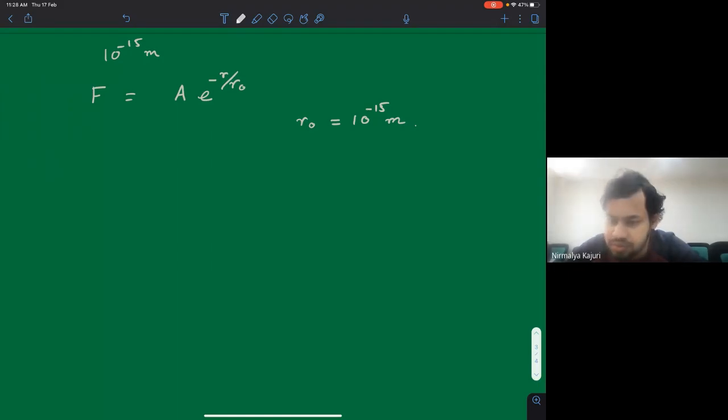When we talk about strong and weak nuclear forces, we have to describe them using quantum field theories, and the concept of force does not exist there. Nevertheless, this is a good description for certain distance ranges. It says that the force falls off as e to the power minus r by r naught. So this is the strong nuclear force. Compare it with electrostatic repulsion, which goes as k by r square.